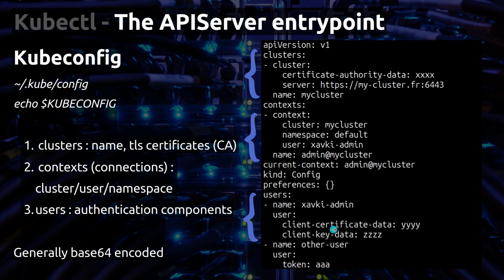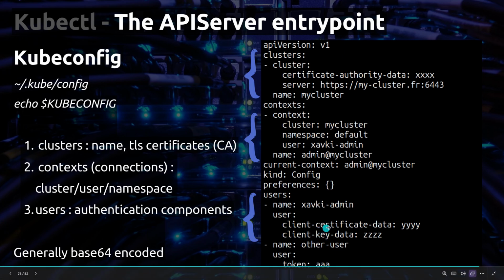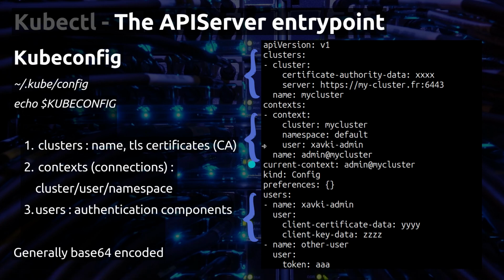For example, here this is based on a client certificate, so we have the client certificate and the client key data. But in other cases, for example, if you use EKS on the AWS cloud provider, you have, for example, some bash or shell script lines to use the AWS command, which provides the authentication directly.